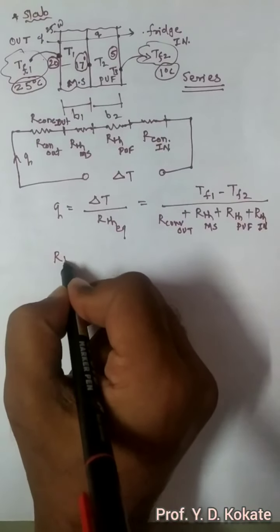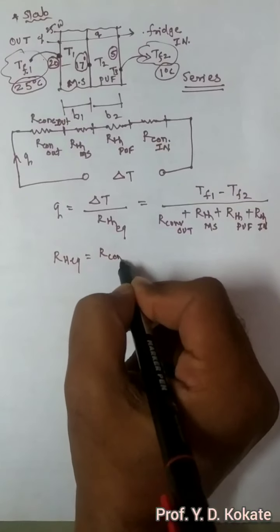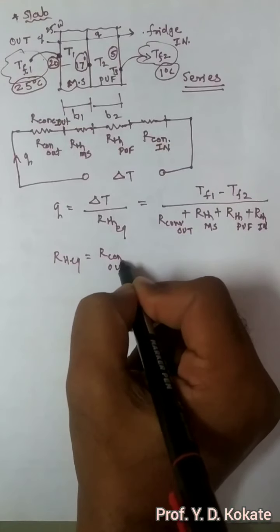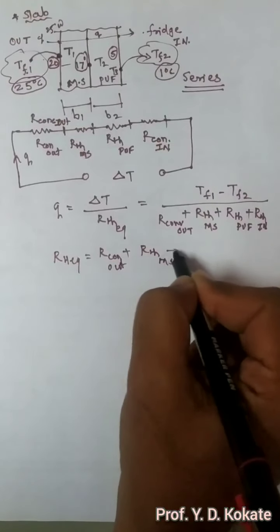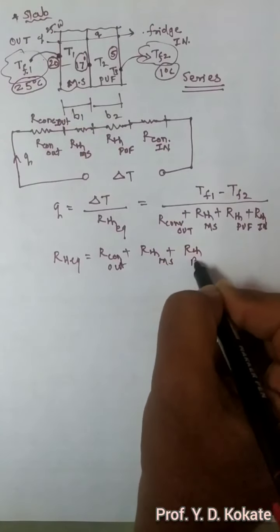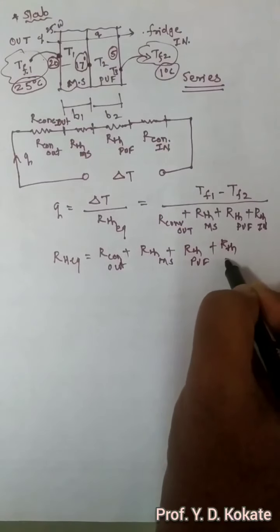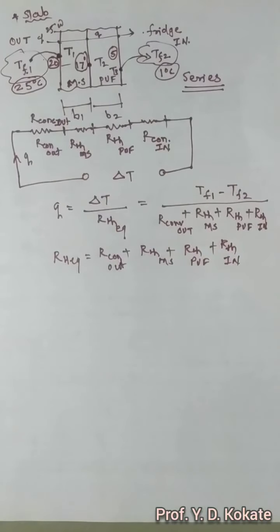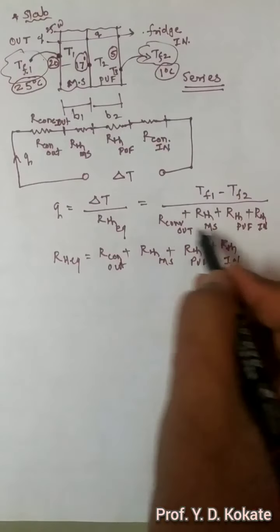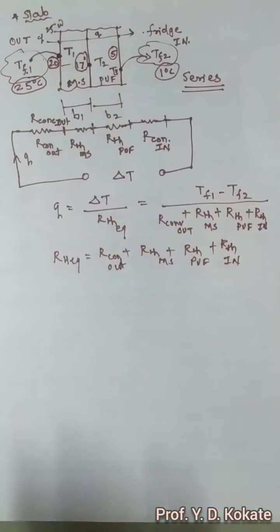So the RTH equivalent is nothing but R convection at outer side plus RTH MS, that is metal sheet, plus RTH puff plus RTH in, that is nothing but this denominator. If I find all these resistances, and if I know the temperature, I can easily find the heat transfer for the composite material.